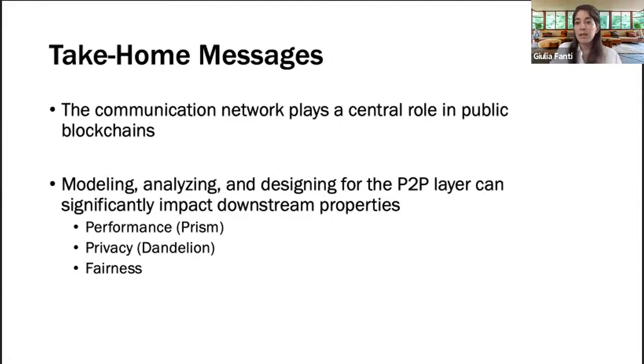And actually, thinking about the role that this network plays can lead to pretty substantial gains in various properties that we might care about in our blockchain systems. So I showed some examples of that for performance with Prism and privacy, Dandelion, and I didn't really talk about fairness, but gave you some idea of what the open questions are. So with that, thank you all so much for your attention, and I'll be happy to take any questions.